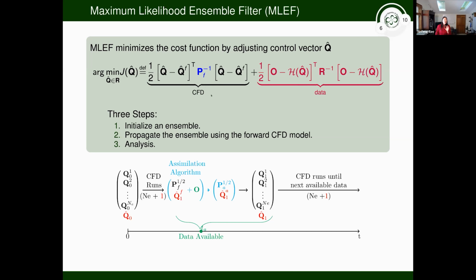It's based on the ratio between the uncertainty from CFD and the uncertainty from the experiment data. Sorry, I should clarify this. It's just this big bulk term. This one is the forecast error covariance. This is the uncertainty with experimental data.